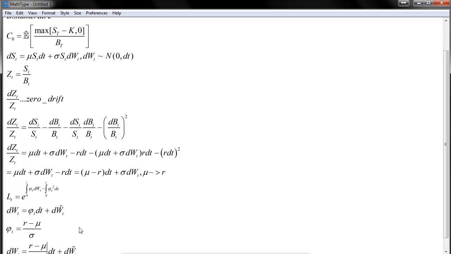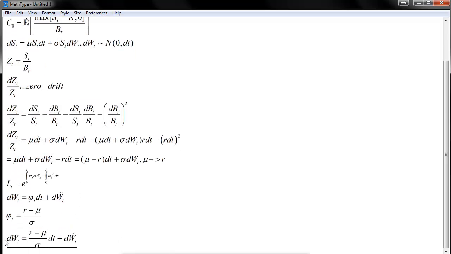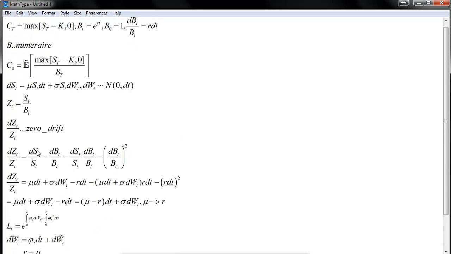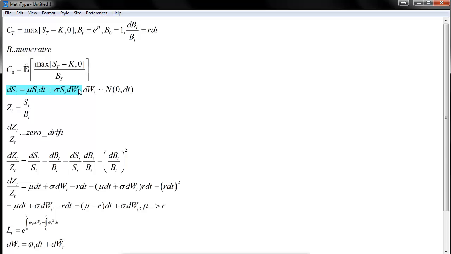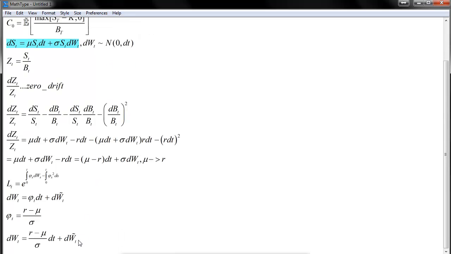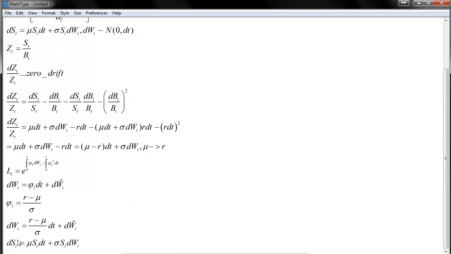We have this, and now we put this Wiener differential into the original equation for dS. So instead of this, use the following representation.